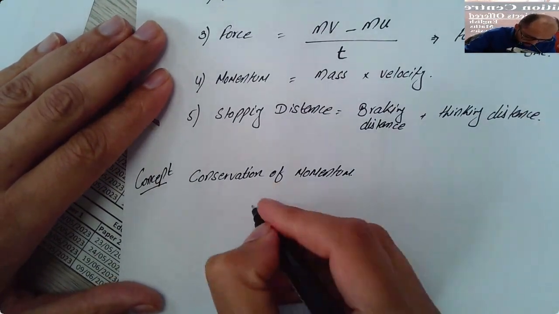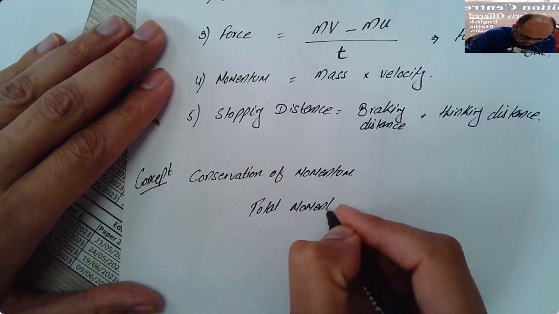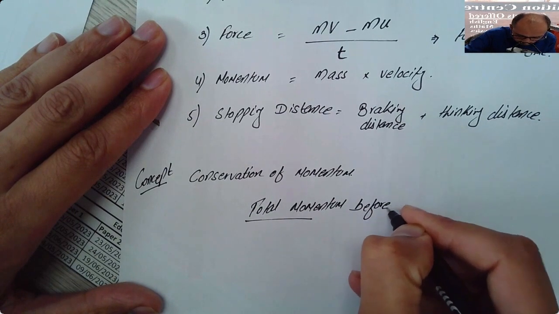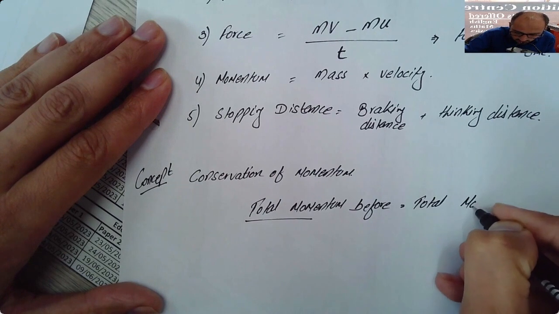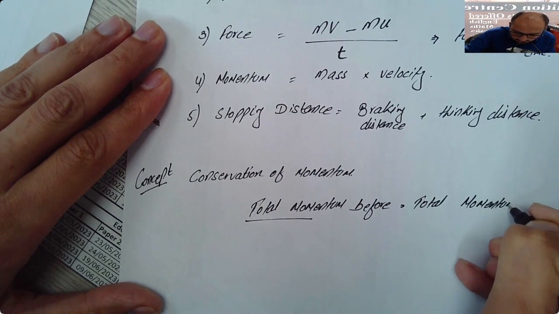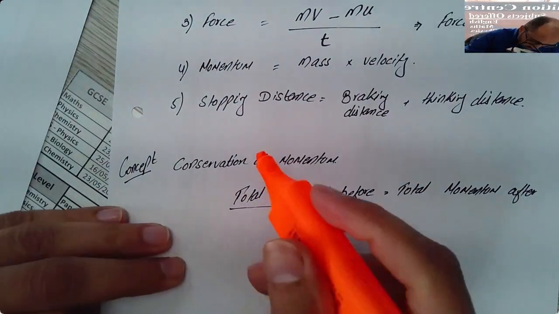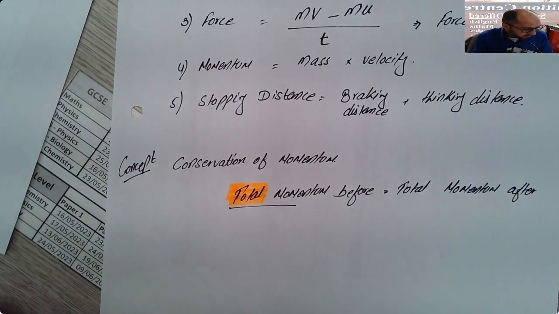You will say total momentum before is always equal to total momentum after. Be very careful. I'm writing the word total here, right? So it's the total momentum that you must state. It's not going to be like momentum before will be equal to momentum after. It is the total momentum before must be equal to total momentum after.